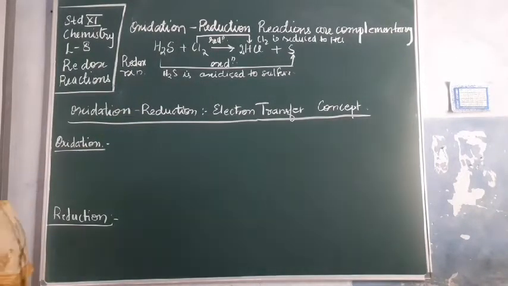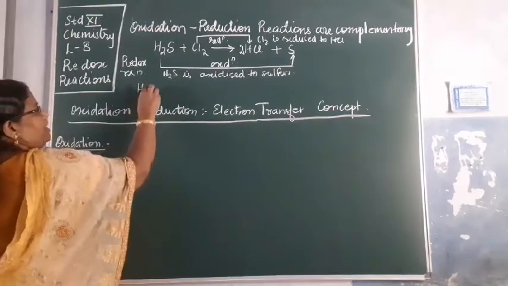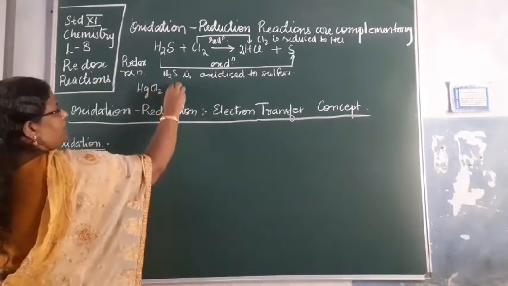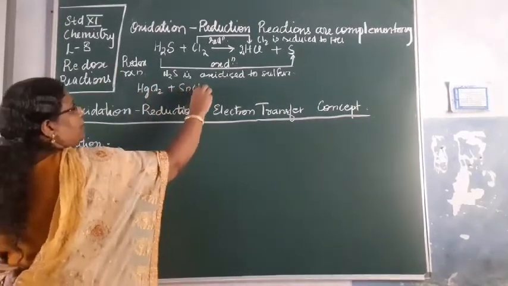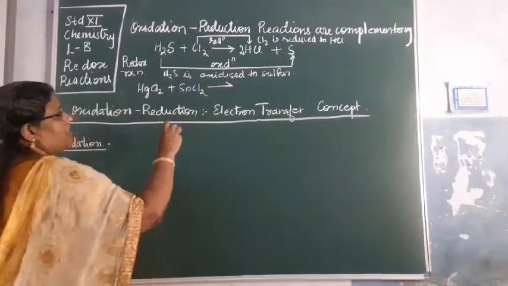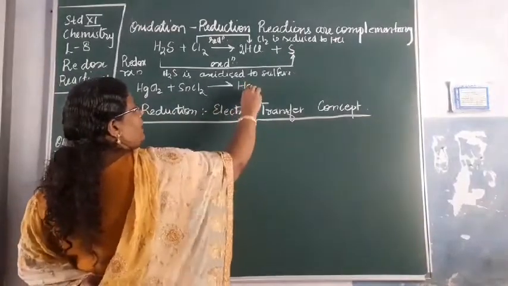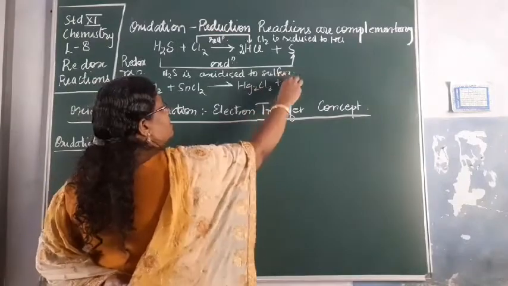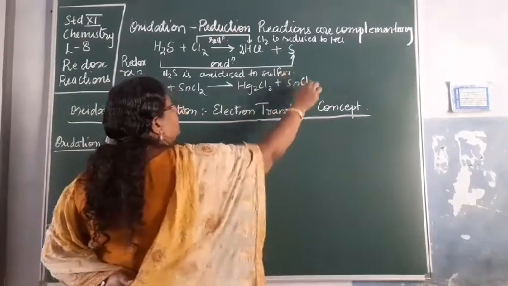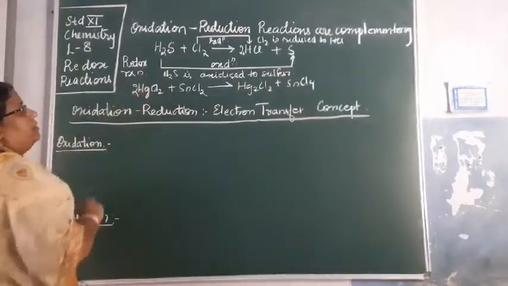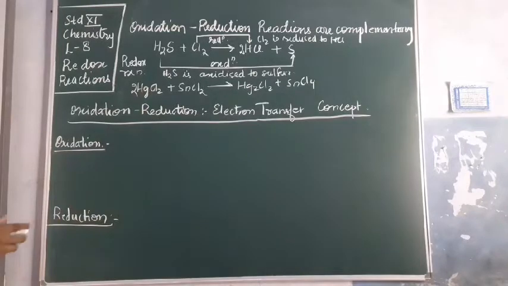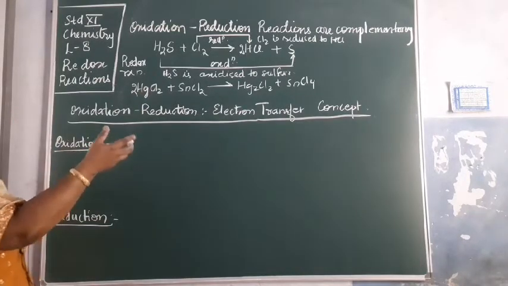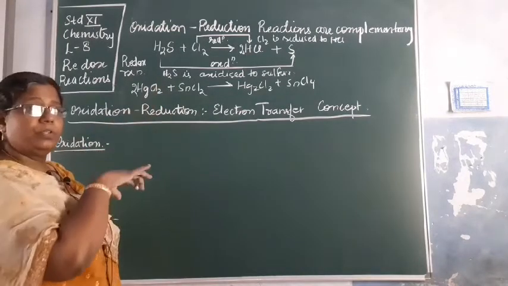One more example we will take, say the HgCl2 reaction we saw earlier, treated with SnCl2. What did you get? Hg2Cl2 plus SnCl4. Here, we had understood oxidation as addition of the electropositive element.